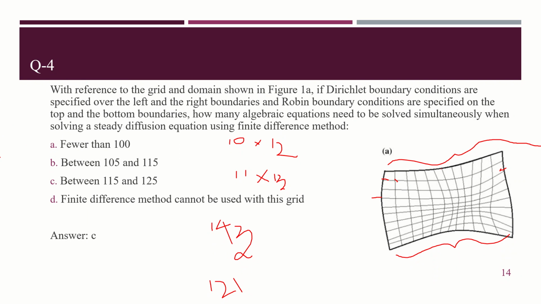So it is between 115 and 125. Roughly here we got 120, and therefore we are saying between 115 and 125, because in Robin boundary conditions we are not sure in which zones it will be. So we are saying plus or minus 5.